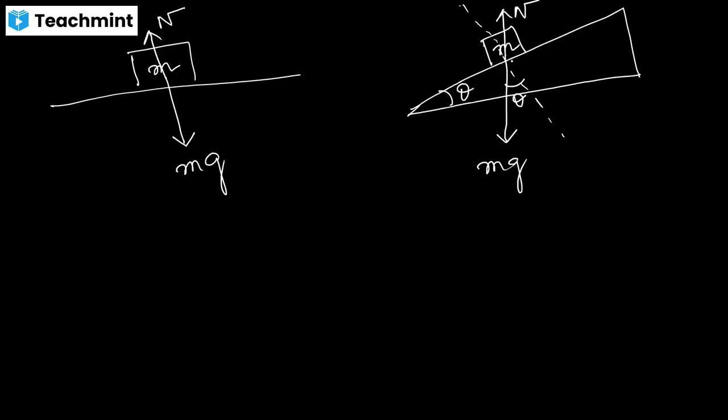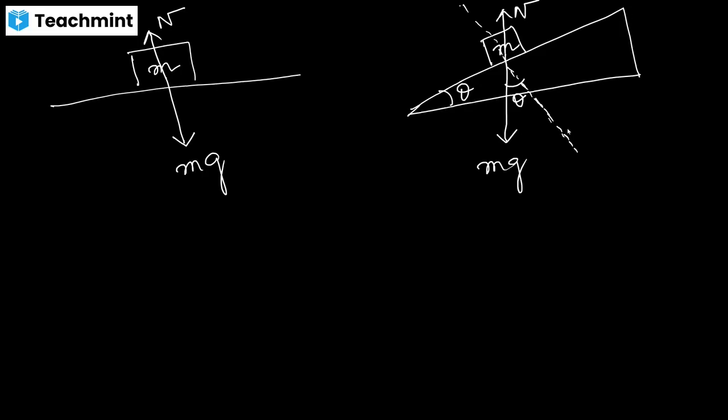But as you can see, the object is placed on an inclined plane. So there is an inclination of theta. If I draw a perpendicular line with respect to the position of the object, there the angle I have found is theta. So this is actually the base with respect to which the angle theta I have represented. So along the base, which component works? Cos theta or sin theta?